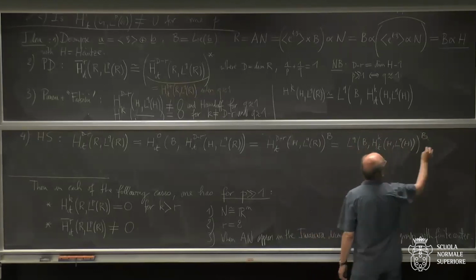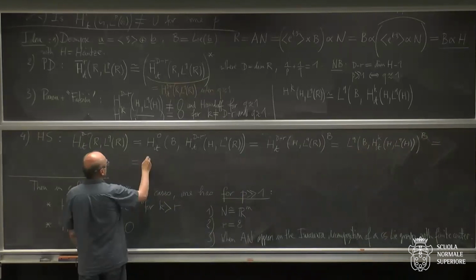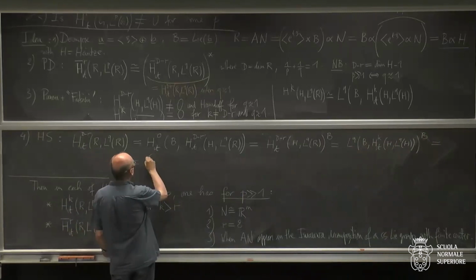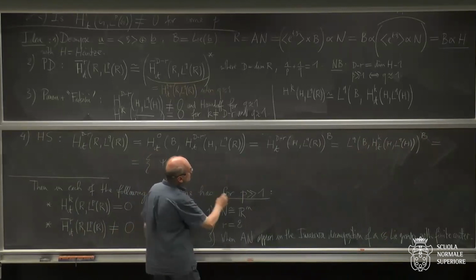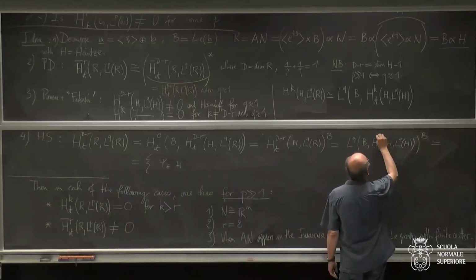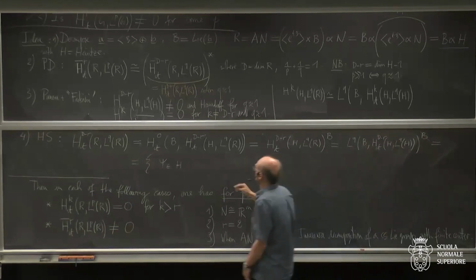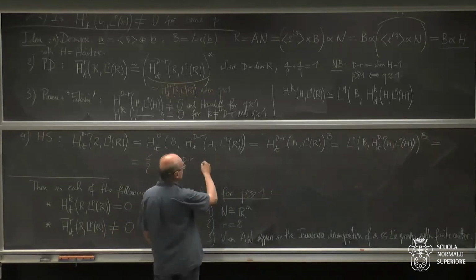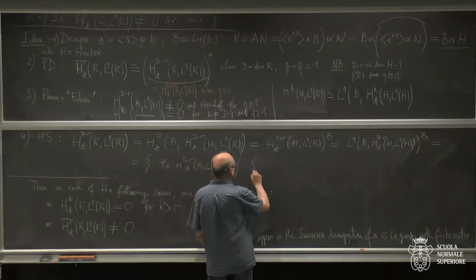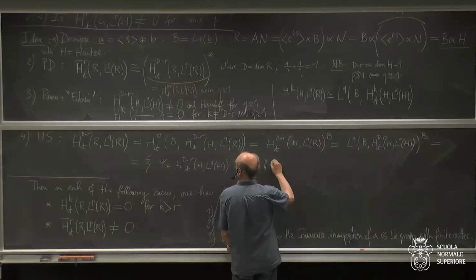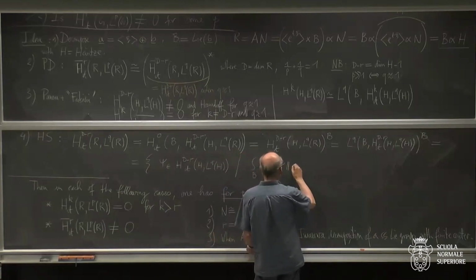So what you get here is that this is the psi, which belongs to this cohomology of H, such that when you conjugate by psi and integrate it over B, it's Q dB.